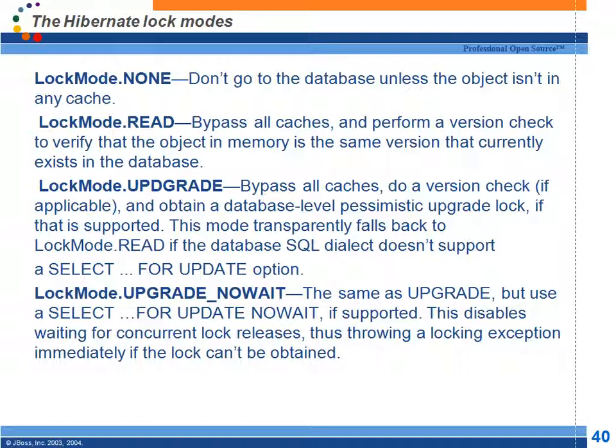But if I say lock mode none, don't go to the database if the object is in any cache. If the object is in any one of the caches, it will get the object from the cache only, because we are saying no need to get a lock. So it need not go to the database and lock it. First it will look in the caches, and if it is available there, it will return the same data.